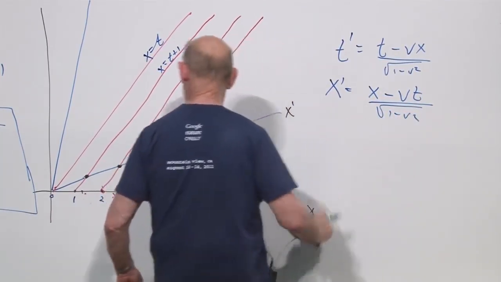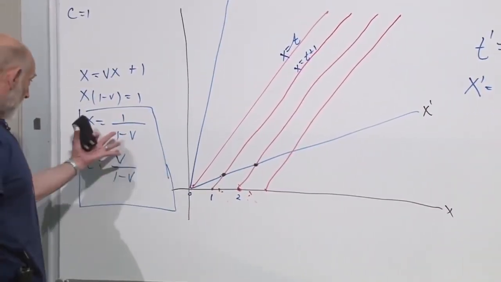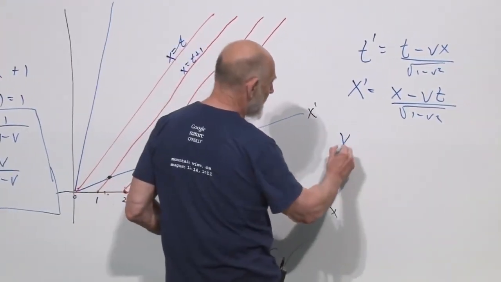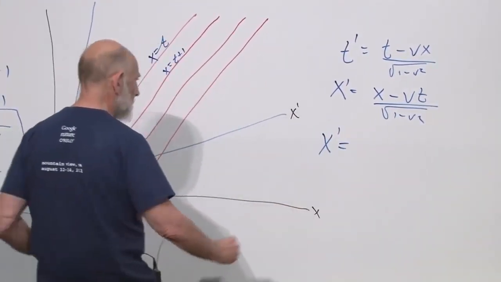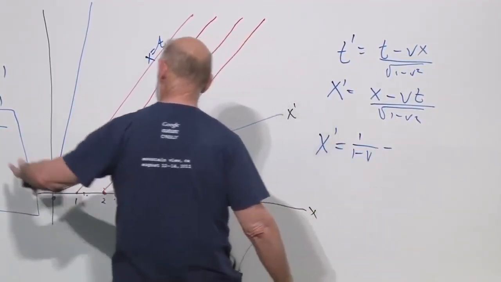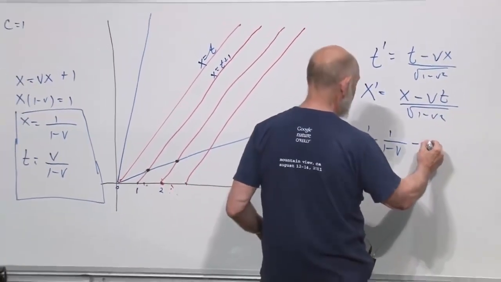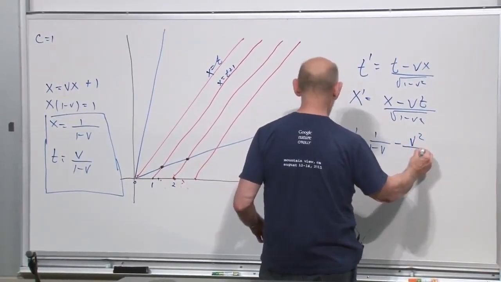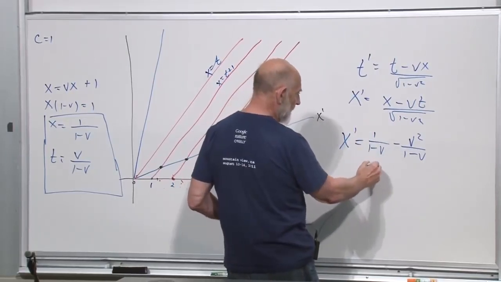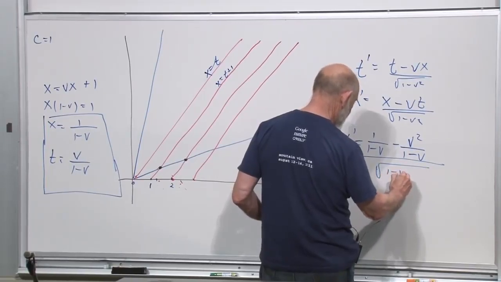And now I just plug in for x and t what I have here. Do I really want to do this? Yes, I do. X prime equals x 1 over 1 minus v minus v times t. So that's v times t minus v squared over 1 minus v, all divided by square root of 1 minus v squared, right?